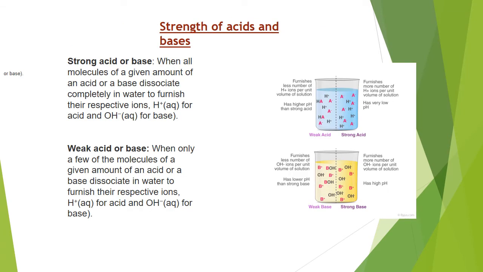Strength of acids and bases. Strength means how many ions they produce. Strong acids or bases are those whose molecules dissolve completely in water to furnish their respective ions, H+ for acids and OH- for bases. Weak acids and weak bases are those in which only a few of the molecules dissolve in water to furnish their respective ions.